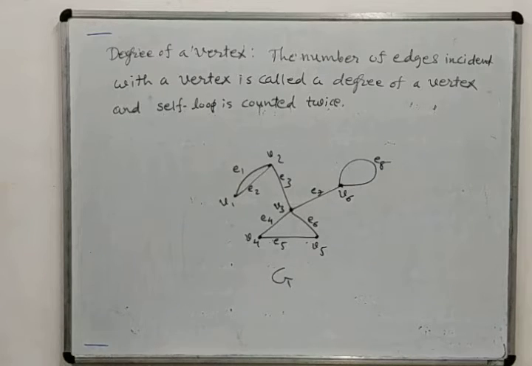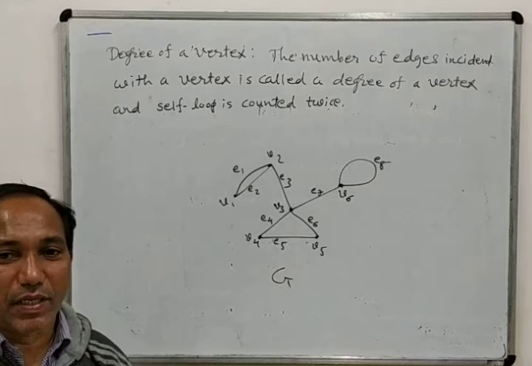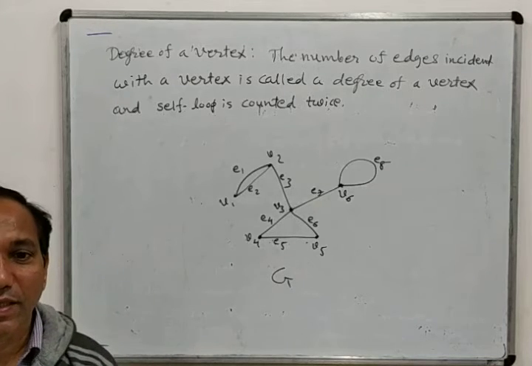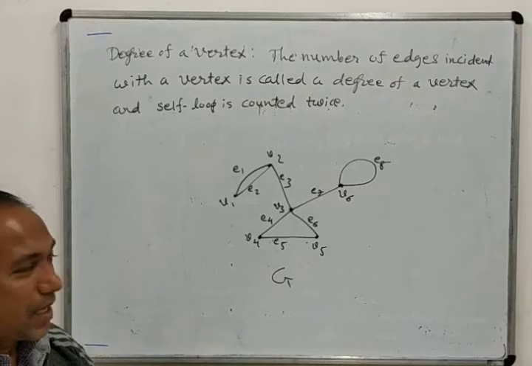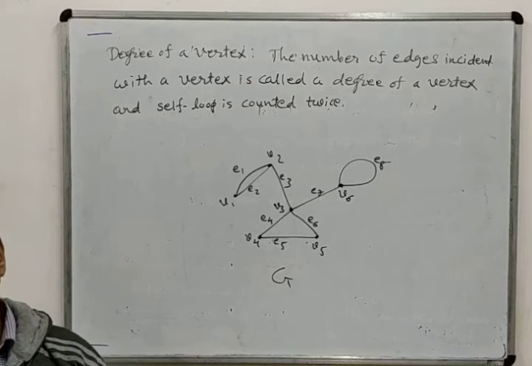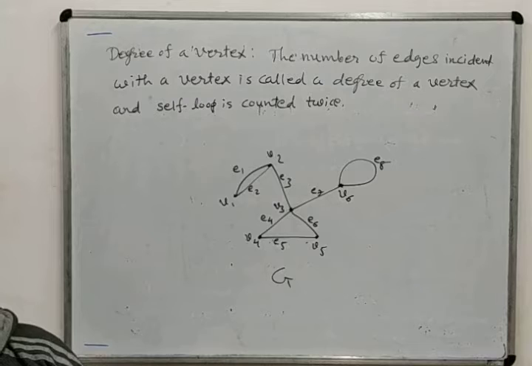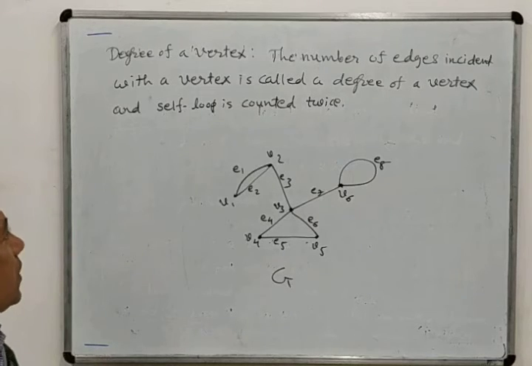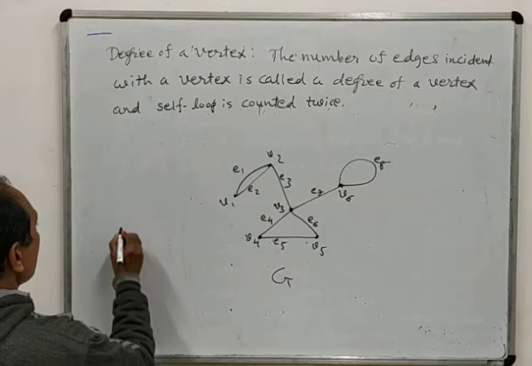As we have seen, the degree of a vertex is nothing but the number of edges incident. Just before this definition, we have seen the definition of incidence: a vertex and an edge are said to be incident with each other if the vertex is the endpoint of the edge.